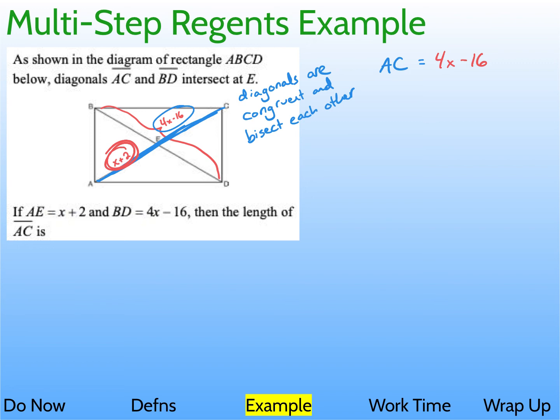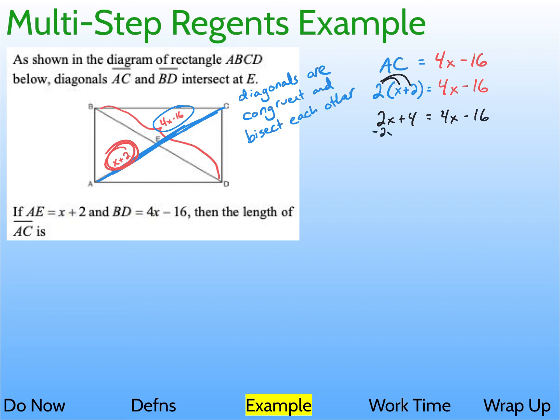So to get AC, one thing you can do is 2 times x plus 2. And then that all equals BD, which is 4x minus 16. So from here, we just have to solve the equation for right now. So let's distribute this 2. We get 2x plus 4 equals 4x minus 16.